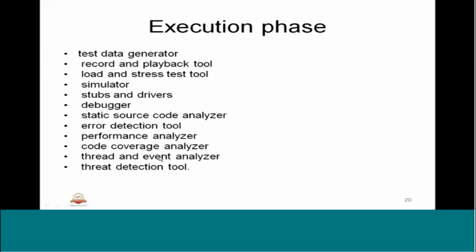We have a thread and event analyzer used in RTOS, which deals with multiple threads. Then another one is the threat detection tool. It's a specific tool where, if there is a threat to the embedded software system due to erroneous code or a dangerous way of crashing, etc., that can be identified with the help of this tool.